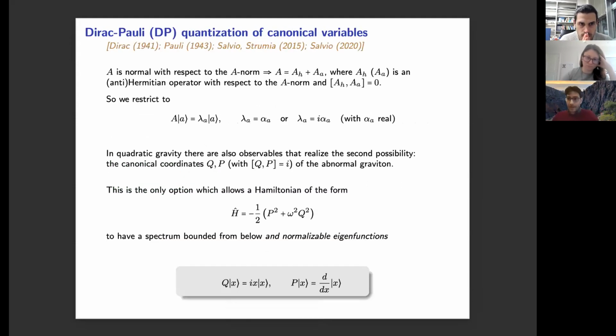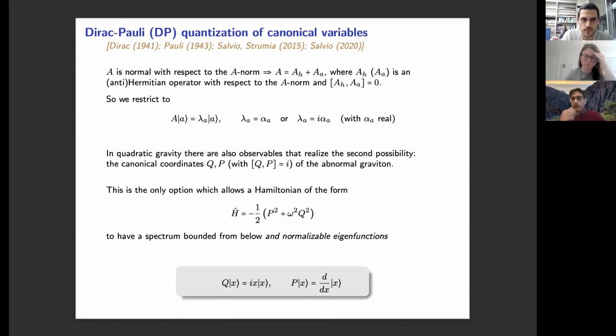Then there is another non-standard aspect of the quantum theory, in addition to what I've just said, which is the fact that the Dirac-Pauli quantization of canonical variables has to be used. What is this Dirac-Pauli quantization? Basically, from what I said before, any observable can be split into a Hermitian and an anti-Hermitian part. So there are observables that have a real spectrum, and others possibly that have an imaginary spectrum.